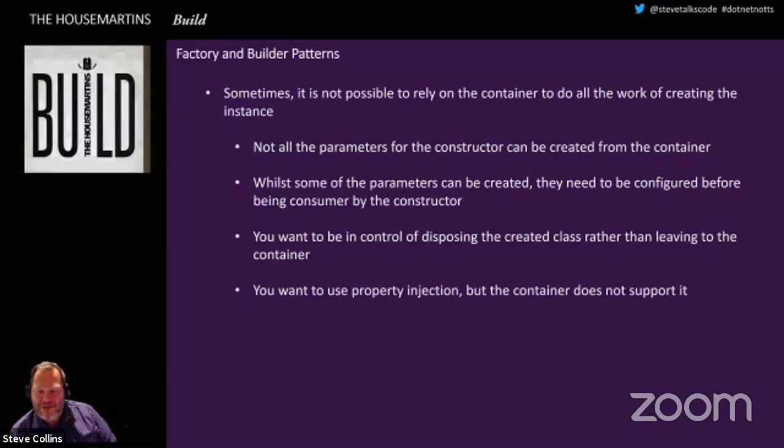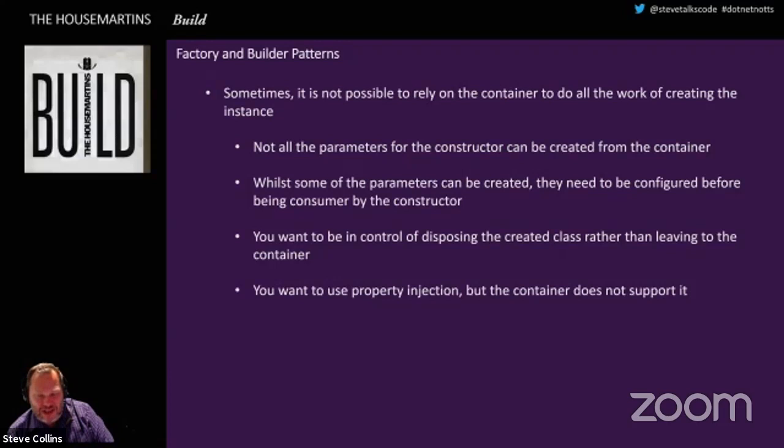And that by default doesn't have a constructor. It's just got a whole load of properties and then you call Initialize. Well, that doesn't exist in the .NET Core world anyway, but say it did, you just can't do that with the container. What you can do is write a factory for it, and I'll go into the mechanics in a minute.